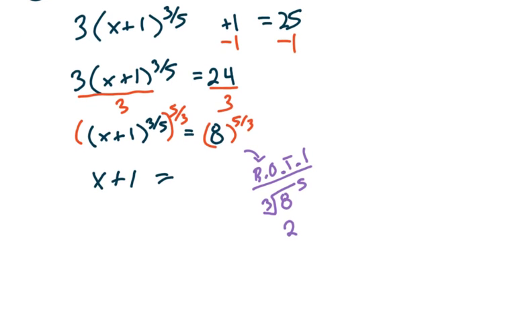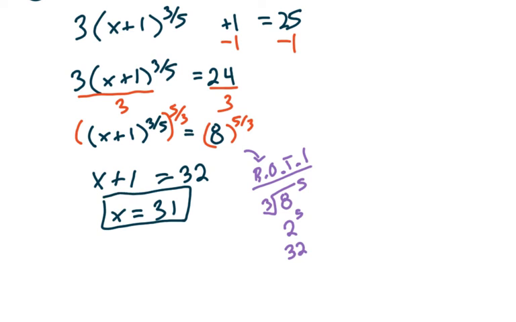And the reason we don't have a plus or minus here, we don't have two answers, is because the cube root is only ever going to give us 1. So the cube root of 8 is 2, so this is 2 to the 5th. 2 to the 5th is 32. So it means x plus 1 equals 32. So x equals 31.